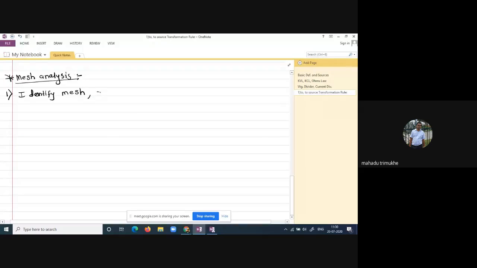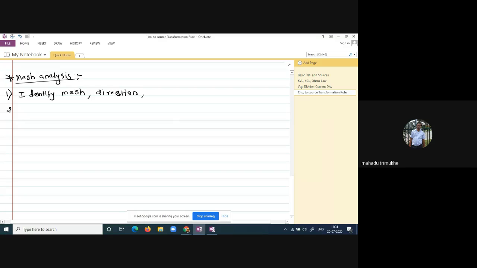Then you have to assign the direction, and assign the unknown current to each mesh. That is our first step.